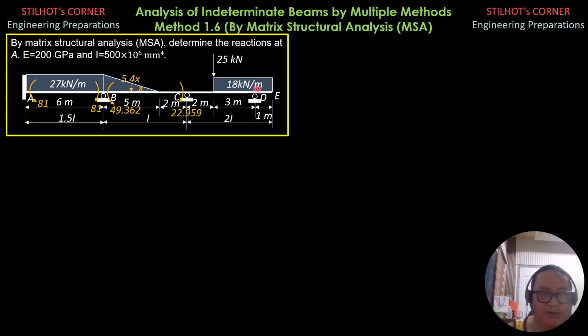So due to the uniform load, the fixed moment is counterclockwise. It is the integral of 18 dx times this distance, which is 5 minus x, then the square of that distance, x squared divided by 5 squared, then plus 25 times 2.